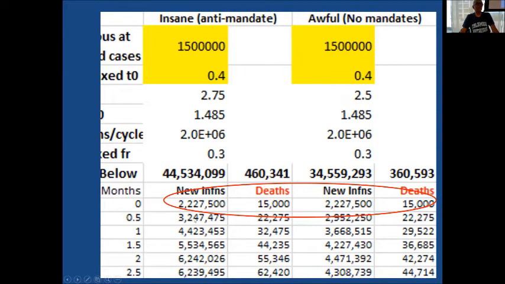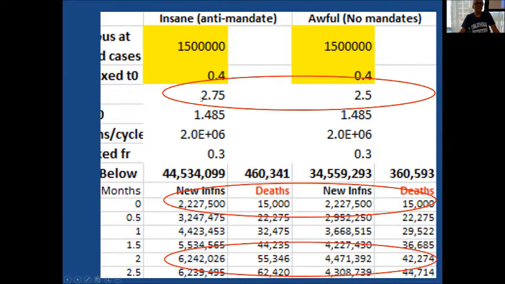The new infections in the first cycle is 2.2 million in both places, and the deaths are the same because previously, the number of infections was 1.5 million, and so 1% of that is 15,000, right? So the deaths are just a simple factor, 1% of whatever the number infectious is in the previous cycle.